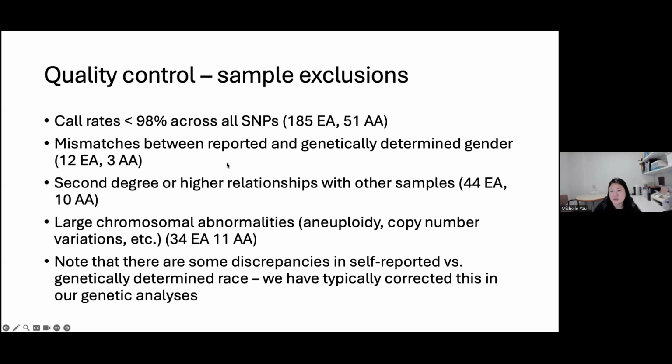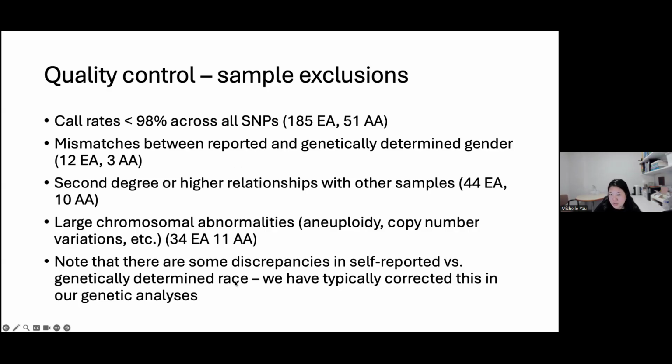Additionally, you'll note that what we've provided are these self-reported races. If you look at the genetic data, there are a number of people who have a self-reported race that is different from their genetically determined race.